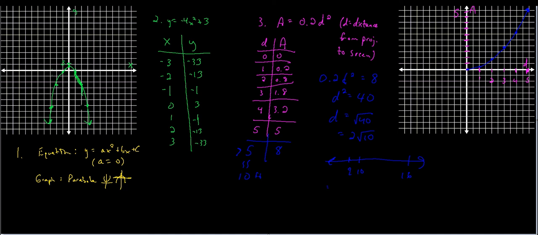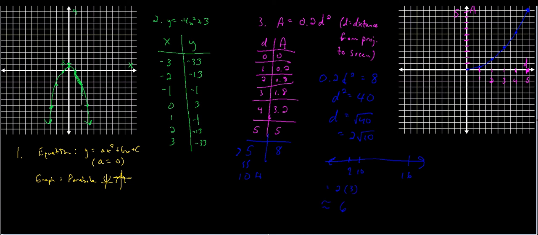So 2 times 3 is going to be 6. So it's actually approximately 6.32. Again, we're looking at 3 here.